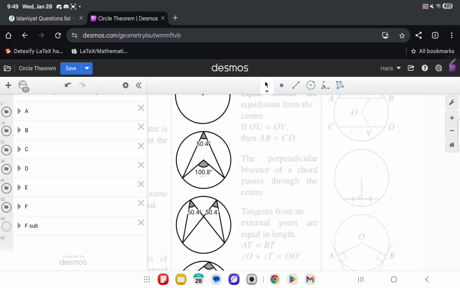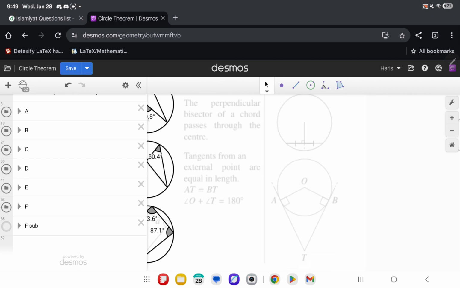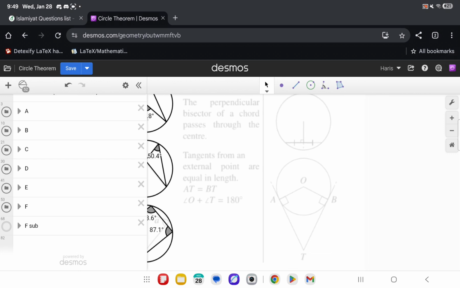For example, if we draw a radius to a chord, it will cut it into two equal halves. Always. So you can use this to your advantage.